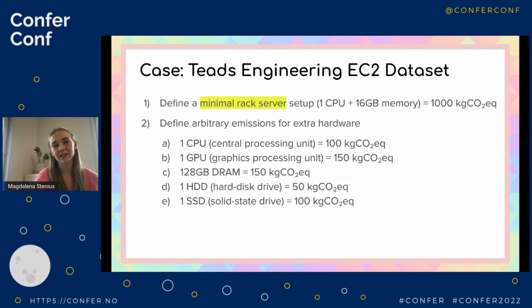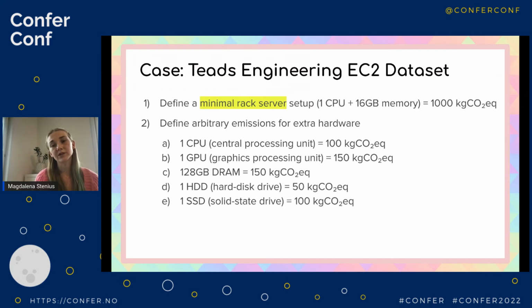So let's again look at the Teads Engineering EC2 dataset. They have a way of defining the manufacturing emissions that builds upon a methodology where you assume a minimal rack server setup that has 1,000 kilograms of CO2 equivalent emissions.